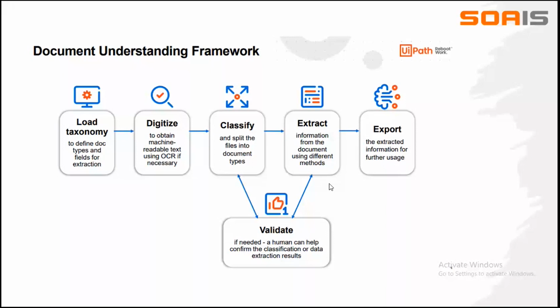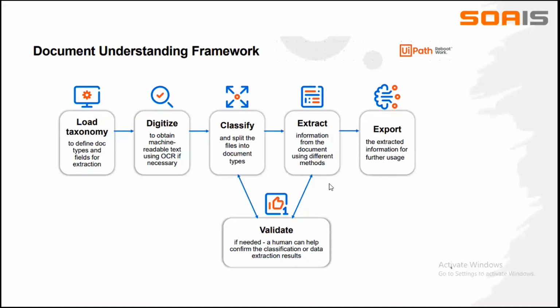Okay. And once the taxonomy is loaded, the next part is digitization. With respect to digitization, the UiPath document understanding framework can digitize PDF, TIFF, PNG, JPEG, whatever image formats you give it. We can use different OCR engines. For example, you can use the Omni OCR engine here, or the UiPath Document OCR engine.